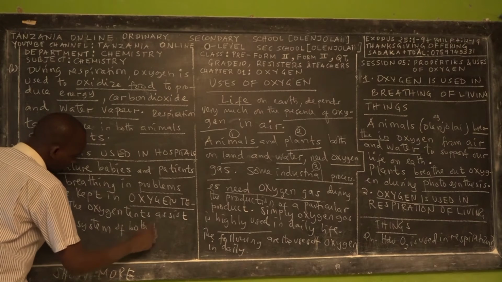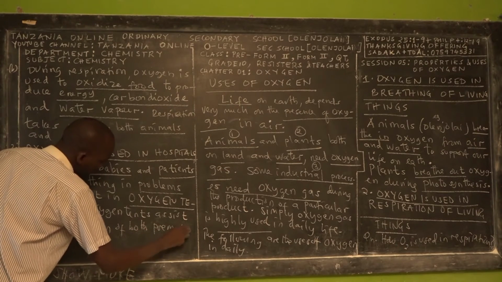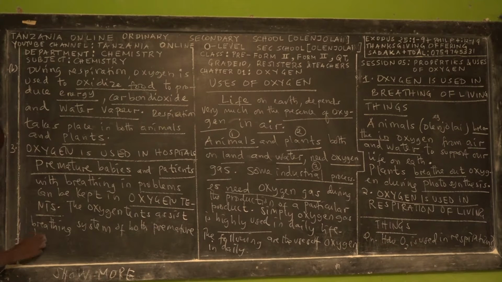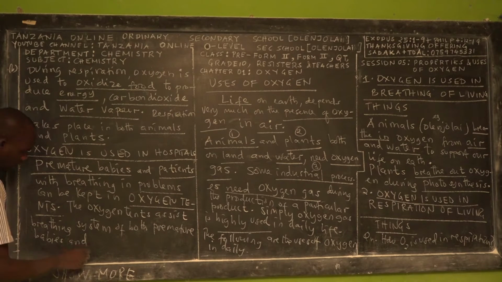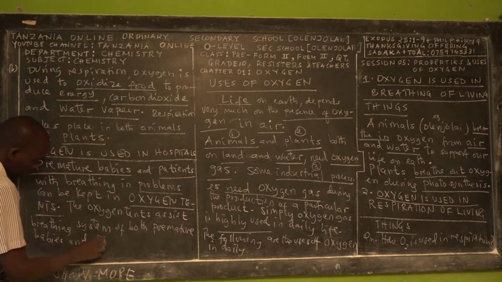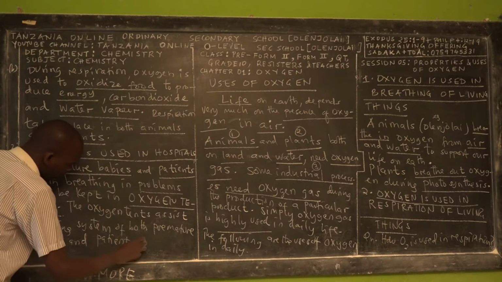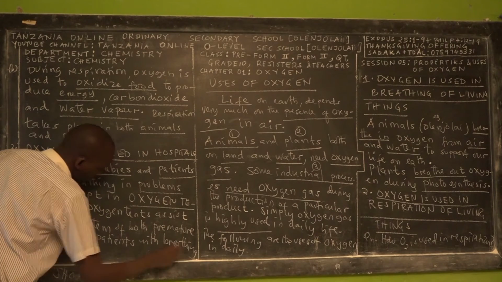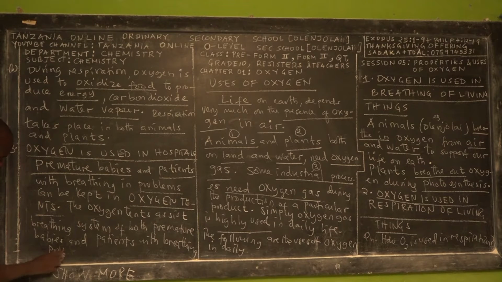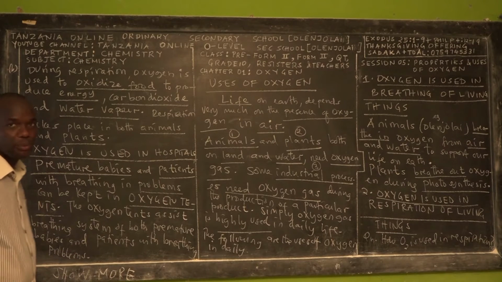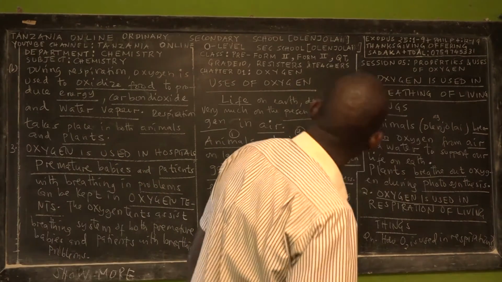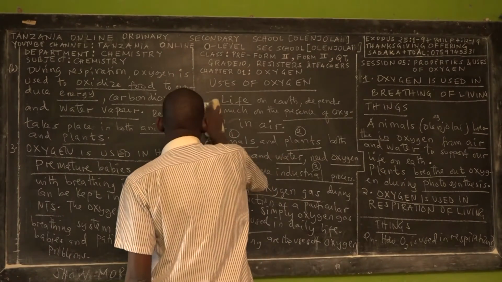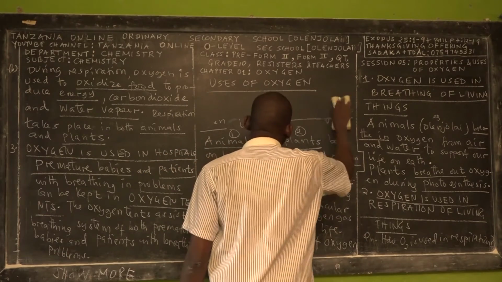Of both premature babies and the patients with breathing problems. So that is the piece of information that you need as a chemist when learning the uses of oxygen.